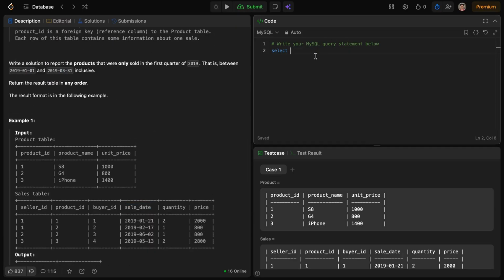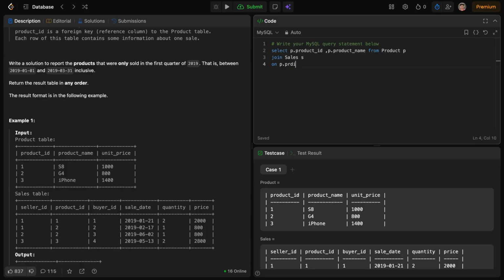So I'm going to make the product table alias as p, so p dot product ID, comma p dot product name, from the product table alias as p, and we're going to join the sales table alias as s. On what basis?